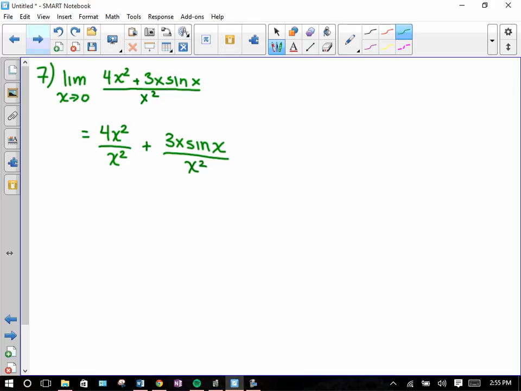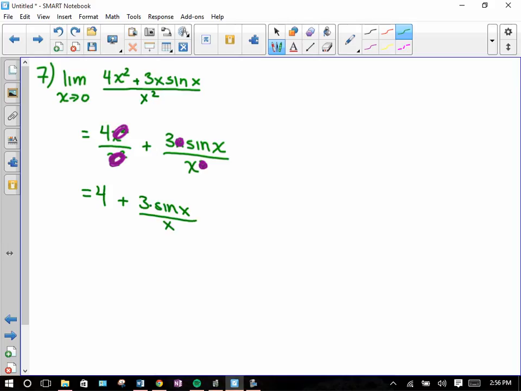Now we have a couple of x squared canceling out here, and this x cancels with one of those x's. So what I'm left with is 4 plus 3 sine x divided by x.